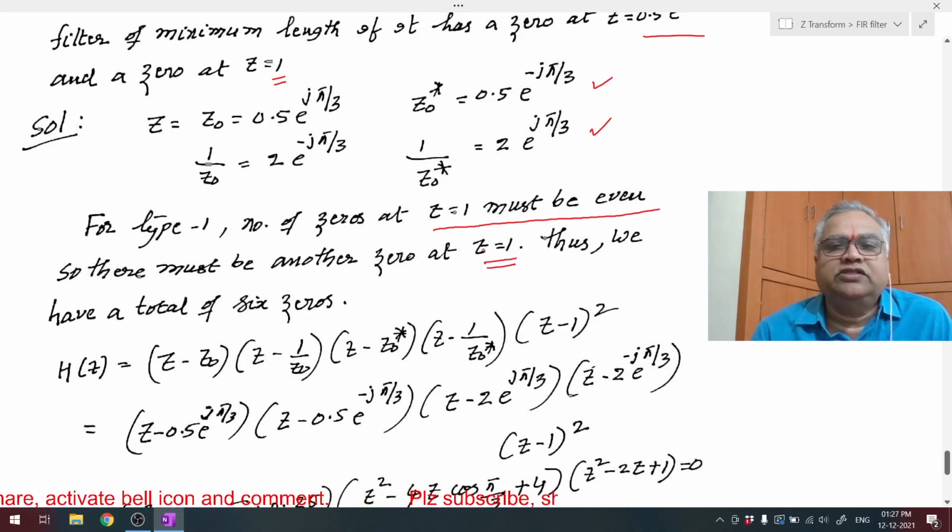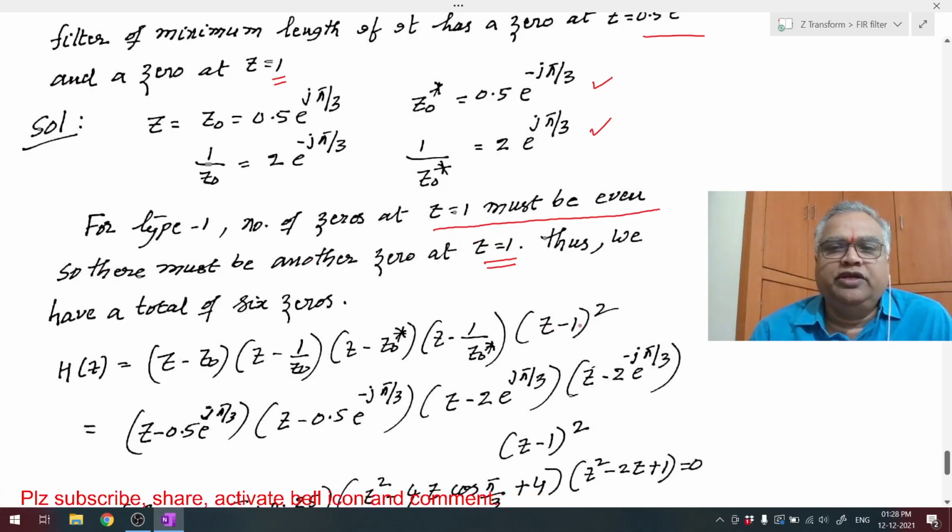In the question it says there is a 0 at z equal to 1, but for type 1 there must be 2. So another 0 also there at z equal to 1. Thus we have a total of 6 zeros. So the 0.5 e power j pi by 3 combination is 4 zeros and 2 zeros at z equal to 1.